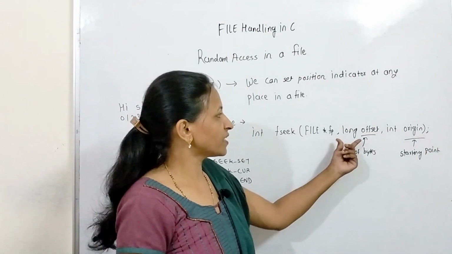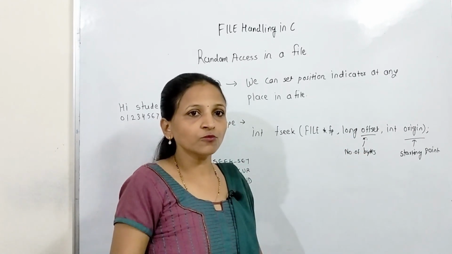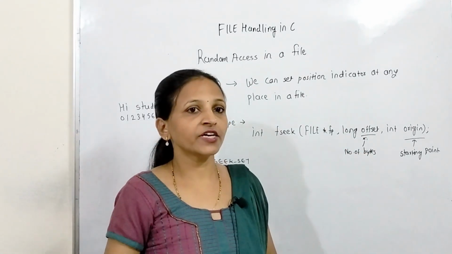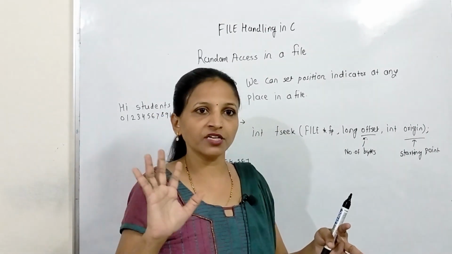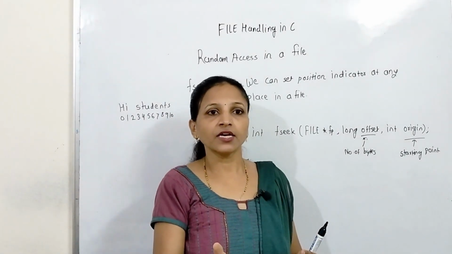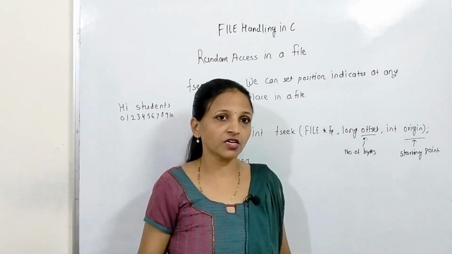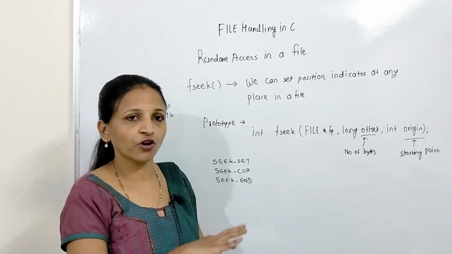Here we have to specify the offset. Offset is nothing but the number of bytes. You can move the file pointer in a forward direction or in a backward direction. From the beginning you can move in the forward direction, and from the end you can move the file pointer in the backward direction. If the file pointer is currently at a middle position, then you can move forward or backward.